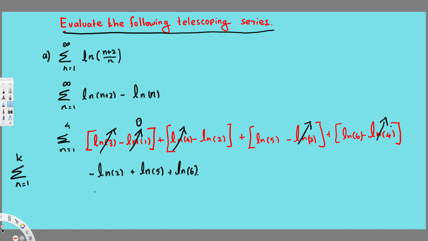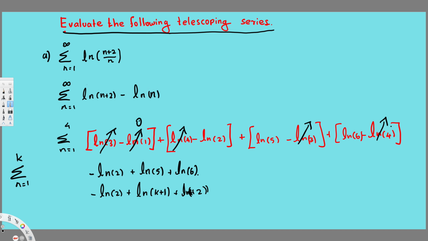Ln 2 is not going to cancel no matter what value you put. But here we chose 4, so it's going to be k plus 1: ln(k+1), and then ln(k+2). So this is the pattern we have.